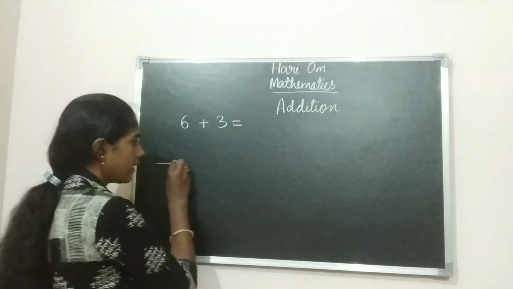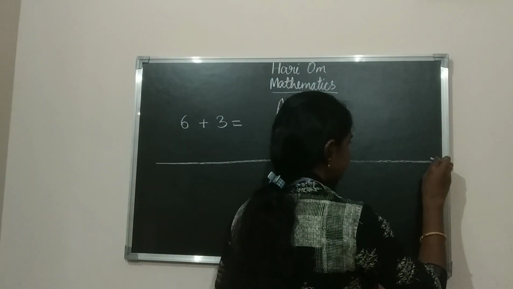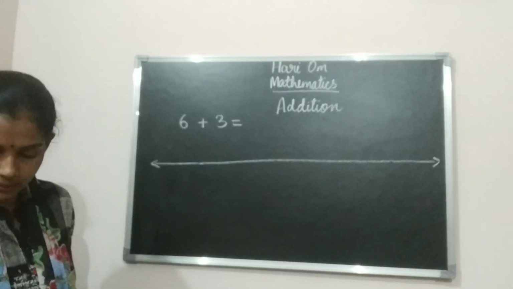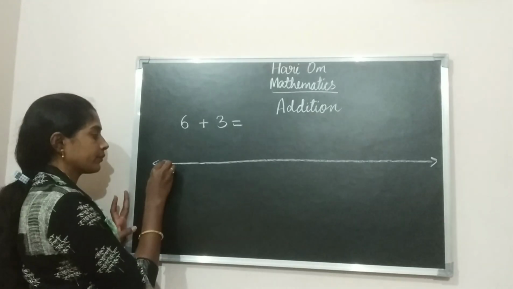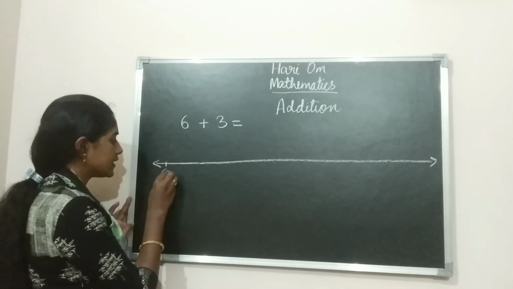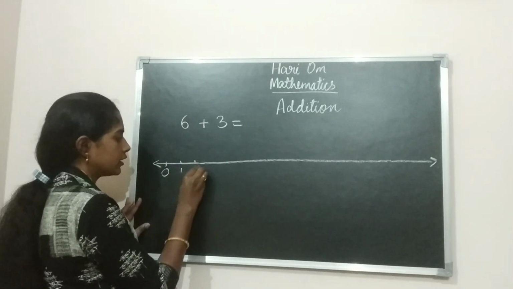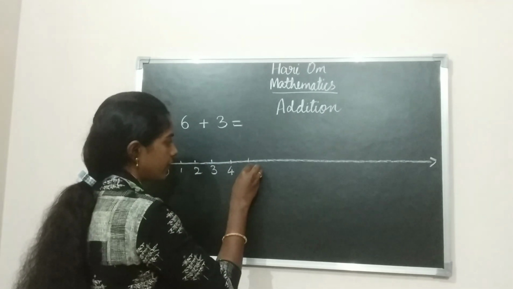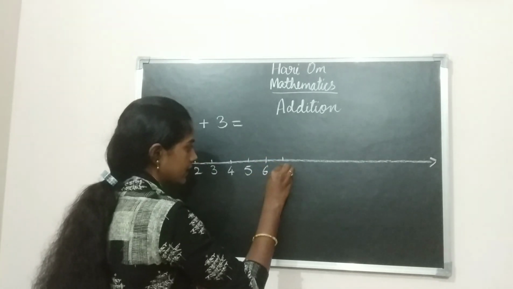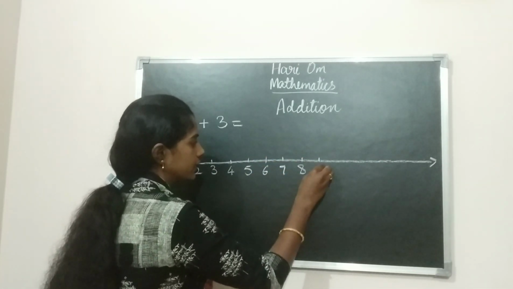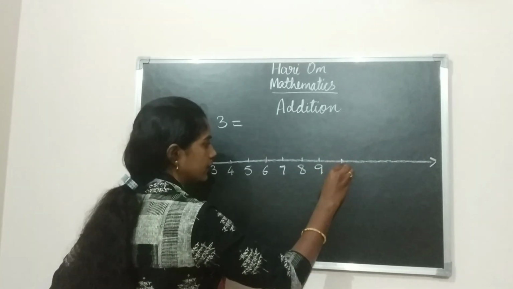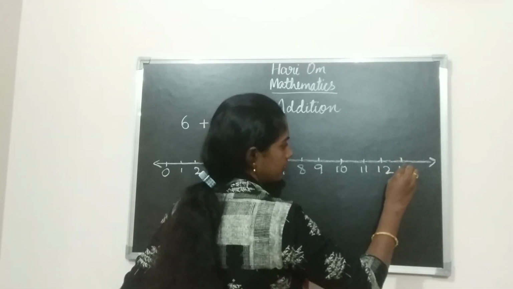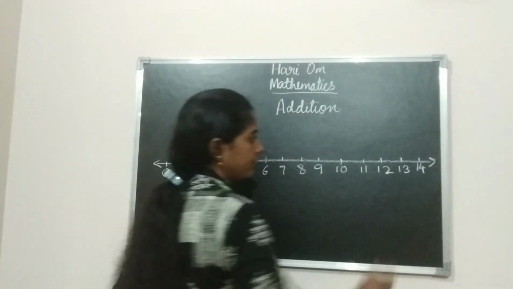Here they have given the number line. Where does the number line always begin? 0. Here 1, 2, 3, 4, 8, 9, 10, 11, 12, 13 and 14.